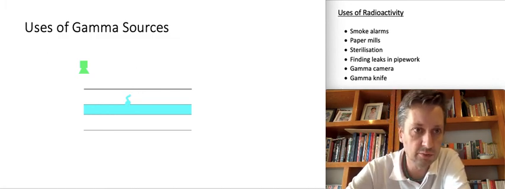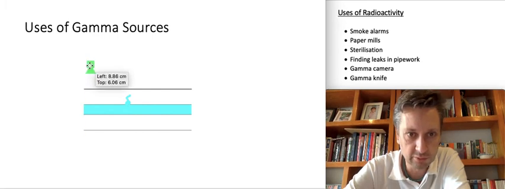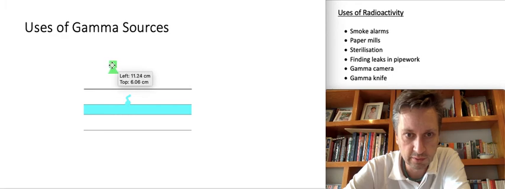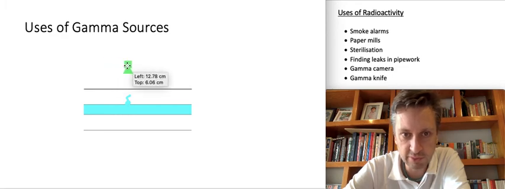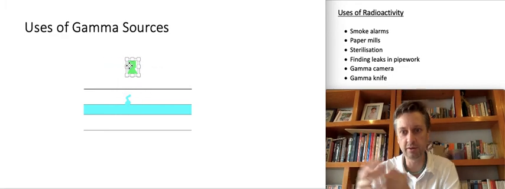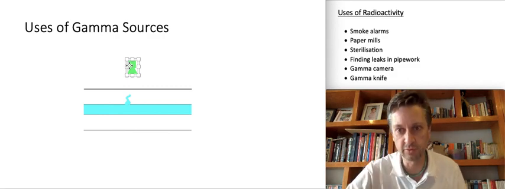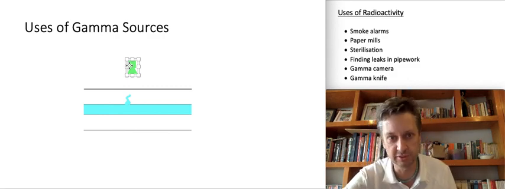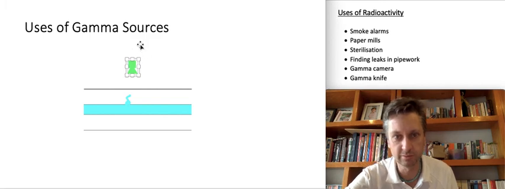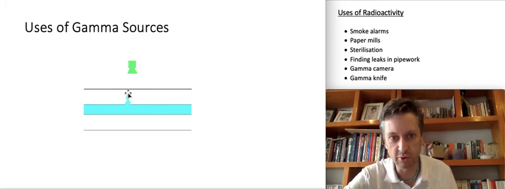So you come along with your detector, you move along, and when you reach the part where the leak is, you get an alarm on your detector, or you get more radiation hitting your detector, possibly a Geiger Muller tube, and you know that this is the point where your leak is.